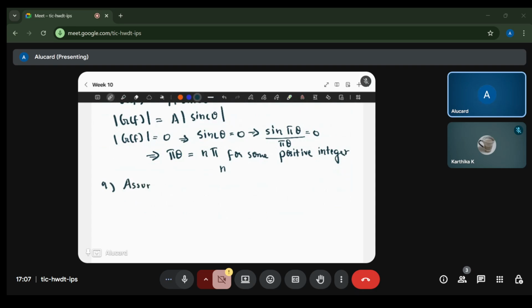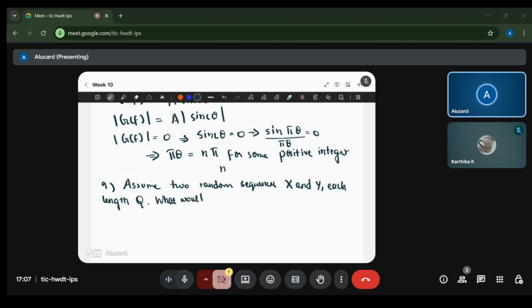Assume two random sequences x and y, each of length q.